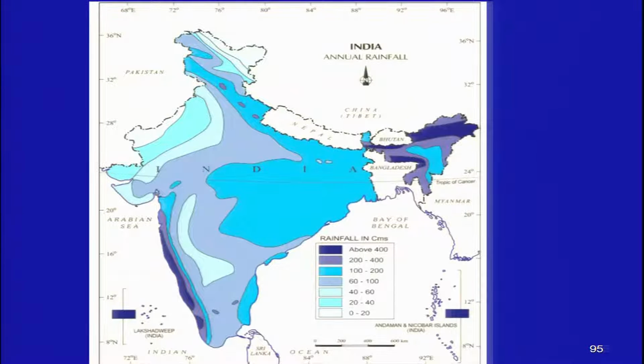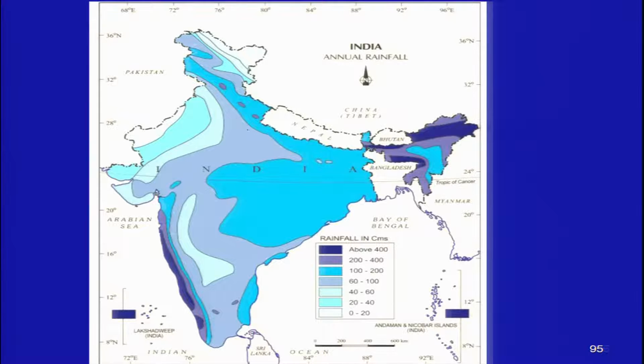Now, this is just to show you the scenario around the Indian part. We have the areas which are receiving a very heavy amount of rainfall, above 400 centimeter, which are shown by dark blue color, and then 200 to 400 by a lighter one, and then fluorescent blue 100 to 200 centimeter.